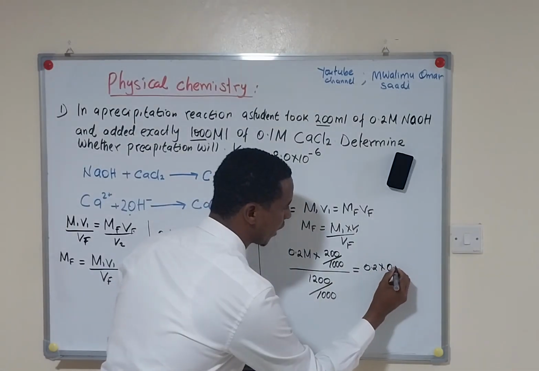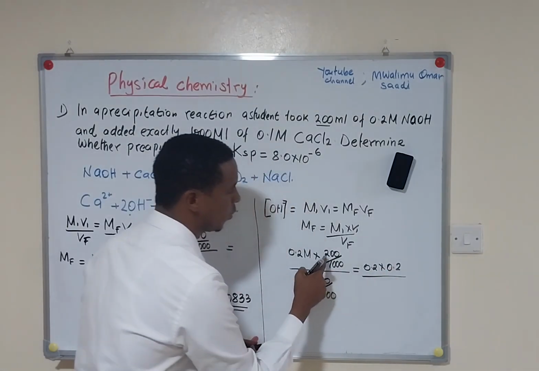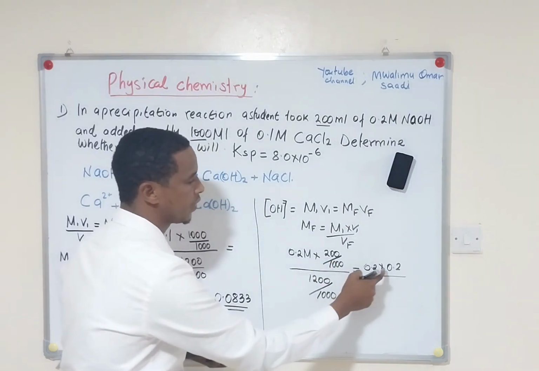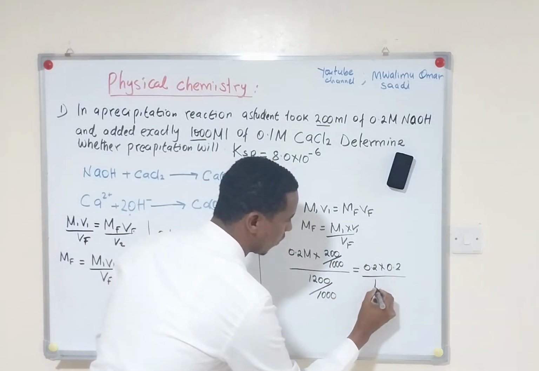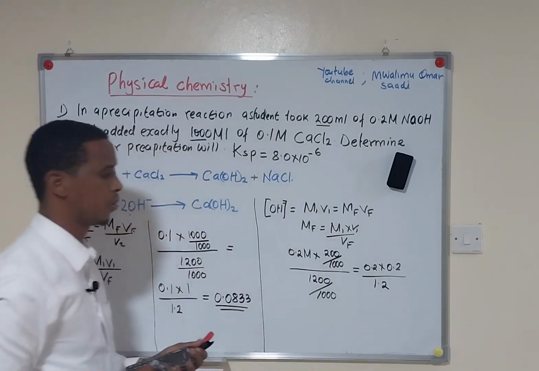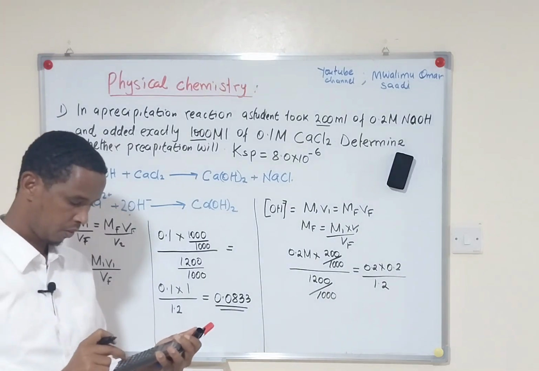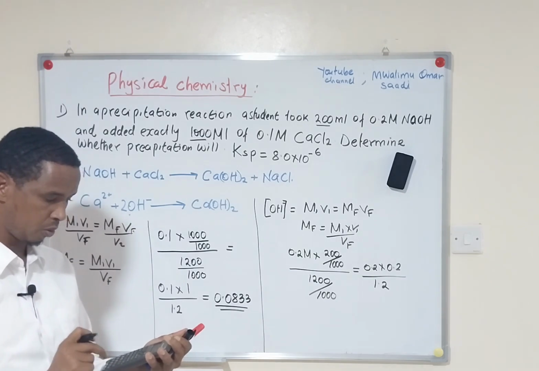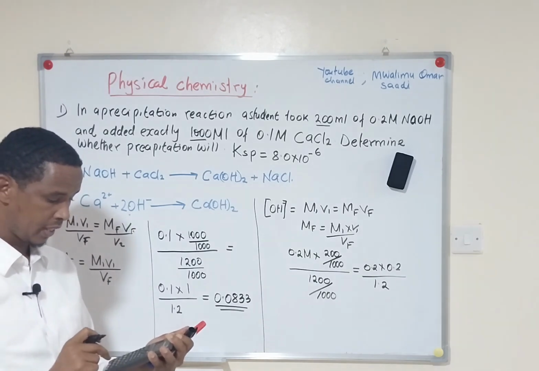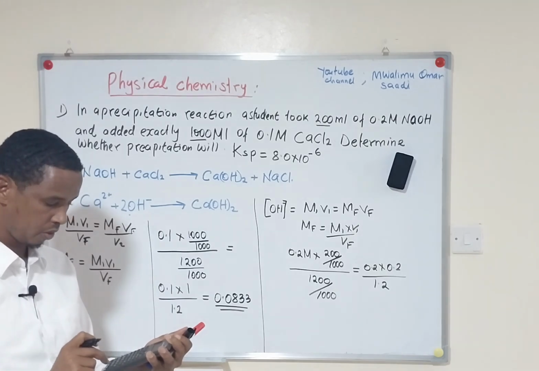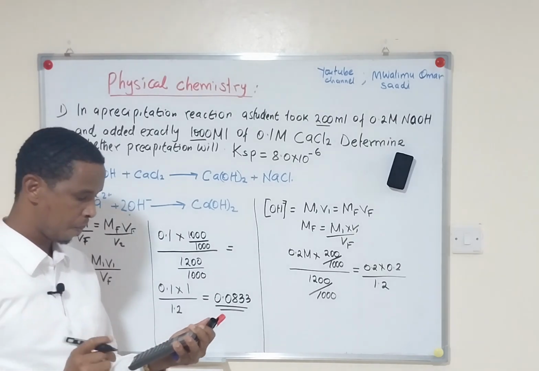So that will give us 0.2 times 0.2, that is 200 over 1000 gives 0.2, all over 1.2. So that is 0.2 times 0.2, divided by 1.2.